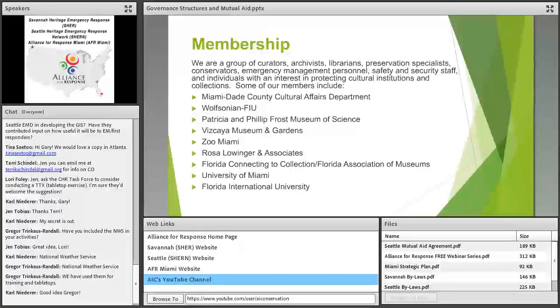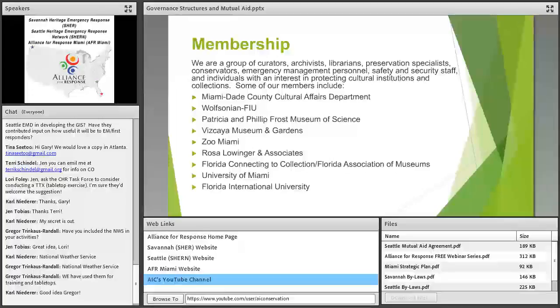Many university museums as well as zoos, cultural institutions. We have Bergen University, which also houses a special collection library, as does FIU, Florida International Museum, for which I work. And we also have Miami-Dade County Cultural Affairs Department, which is fairly unique as well. They're a great resource, and Biscay Museum and Gardens.